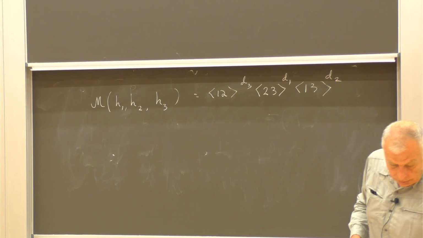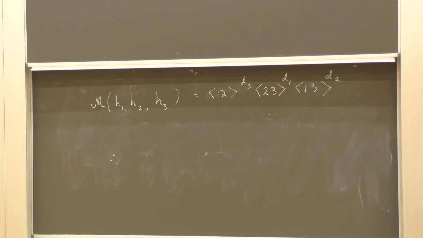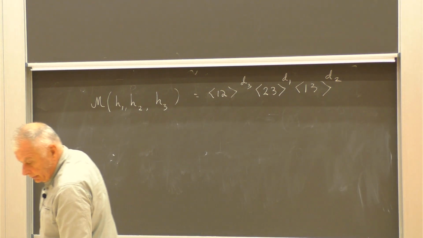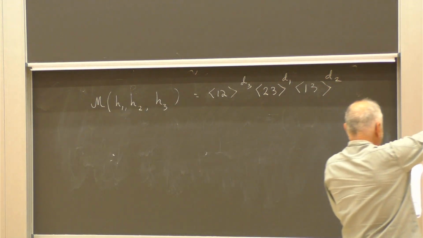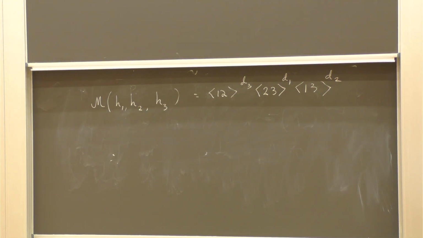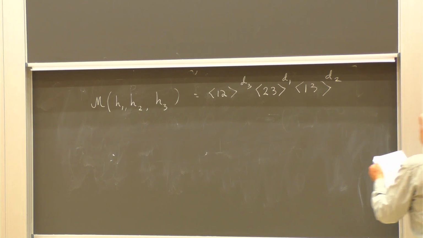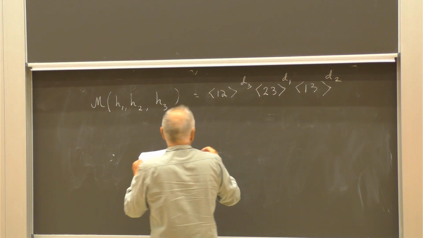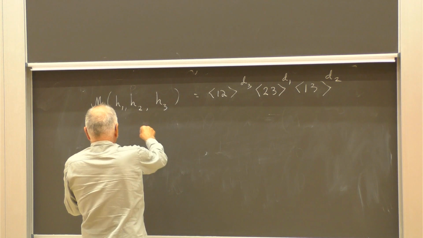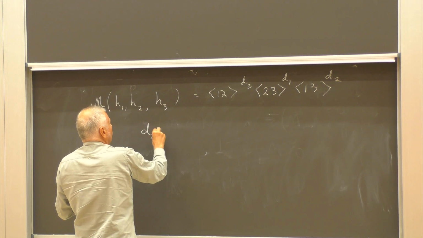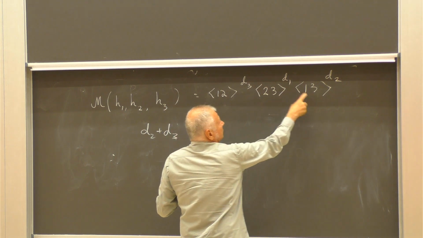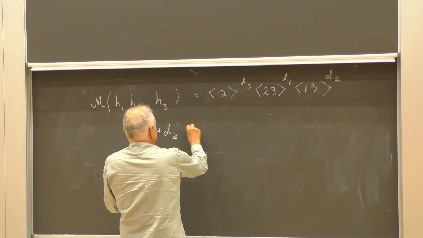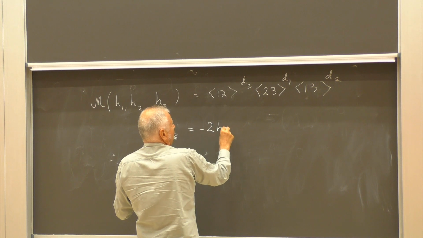So now, what you do next is, we use these constraints, and we use both constraints. Simply we rescale, for example, with d2 plus d3, which you get by rescaling λ1, will give you the helicity number 1.